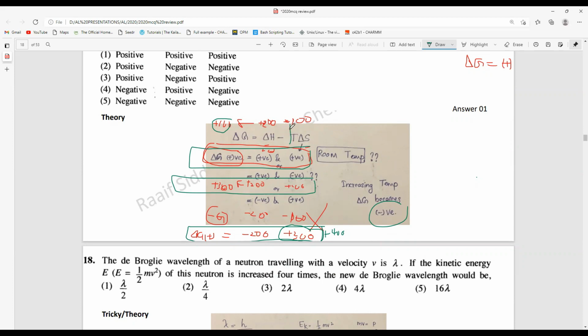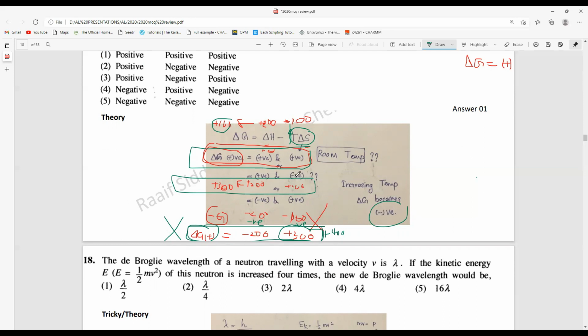When you increase the temperature, this whole product is going to increase. So for example, it will go from plus 300 to 400. Nothing happens to entropy, temperature is increasing. And the entropy that we took here is negative. Don't forget that both are negative. So if this is more positive, you would get a more positive result for delta G. So this is not a case that will reverse the delta G when you increase the temperature.